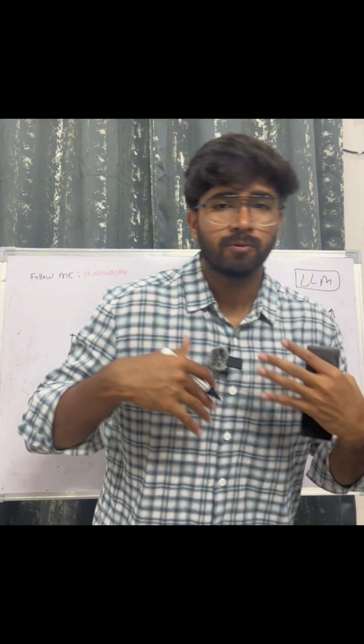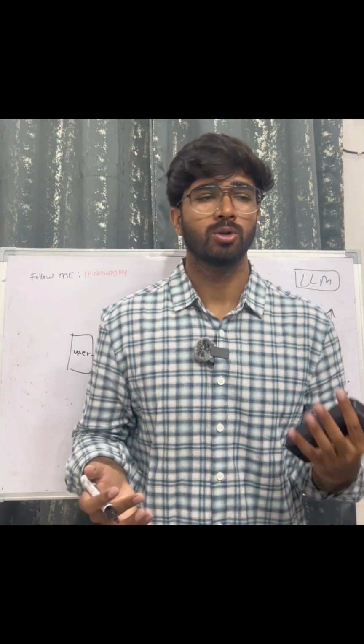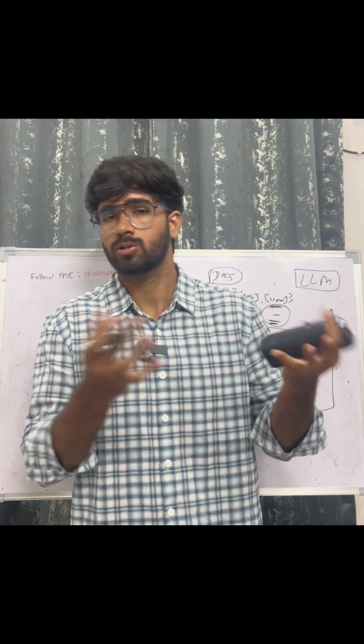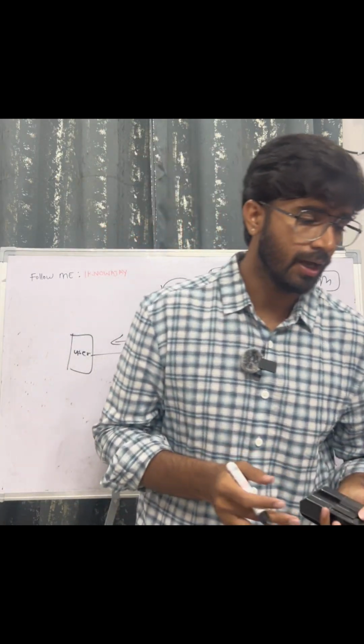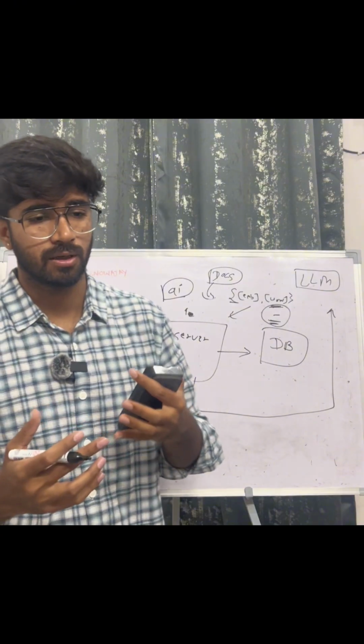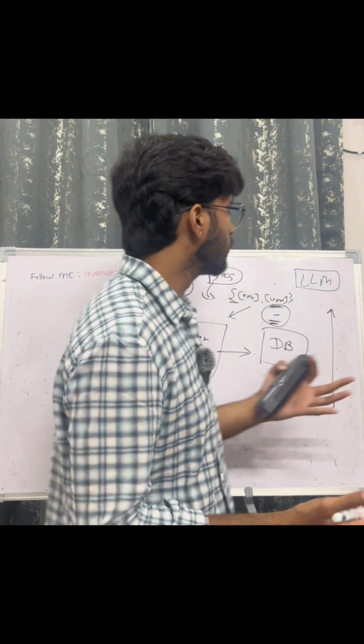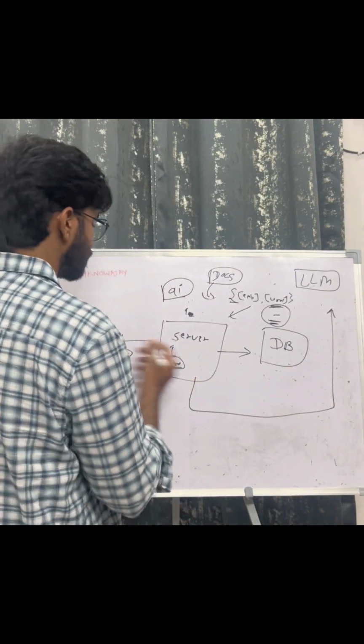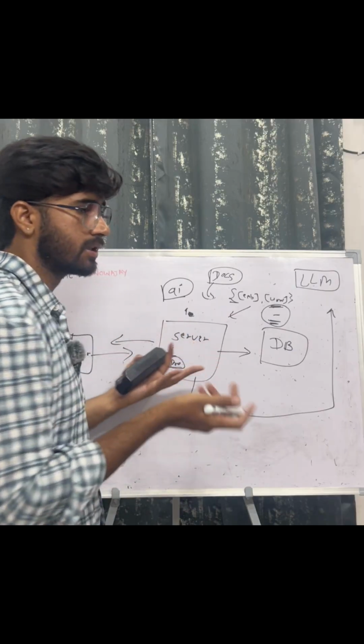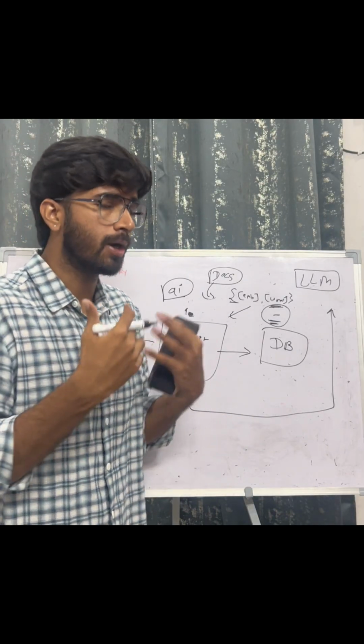Now let's go one step further, which is agents. I'm sure you must have heard about agents, which also come under AI engineering. LLMs are good at text-based responses, right? In this case we just return the response to the user and the job is done. But what if you want to do some kind of action?